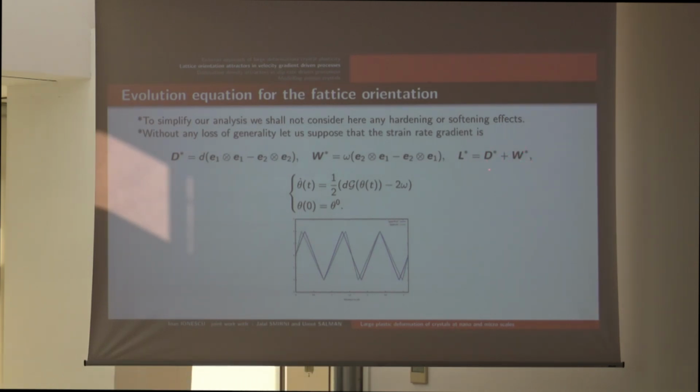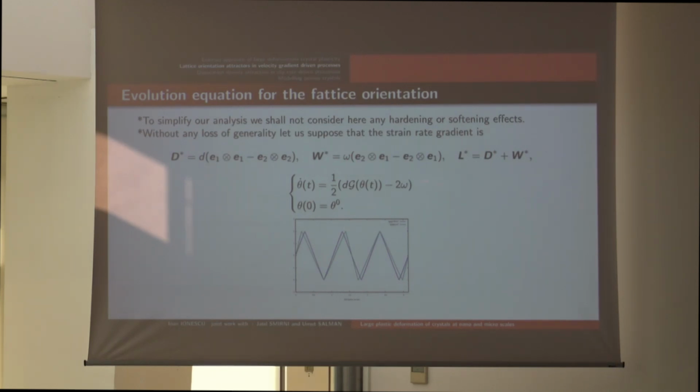We can choose the axes of deformation to be x1, x2, and then we can write the deformation tensor like a diagonal, let's say. We have only two small parameters, d and omega, where omega is the rotation rate.